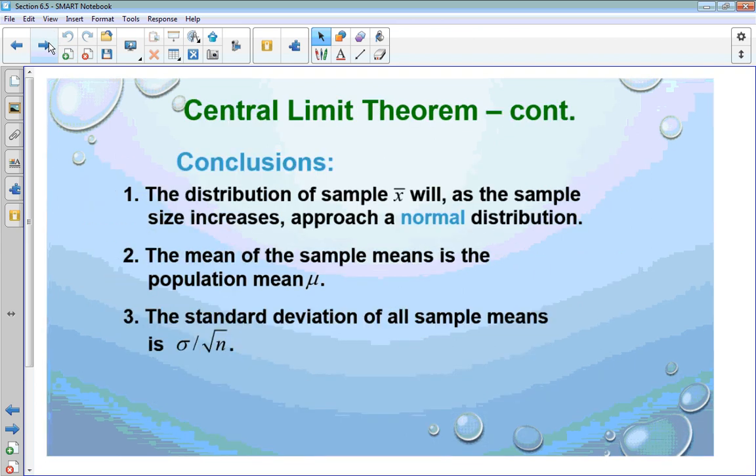So the distribution of the sample means will, as the sample size increases, approach that normal distribution. The mean of the sample means is the population mean, and the standard deviation of all sample means is the standard deviation divided by the square root of the number of items in each of those samples.